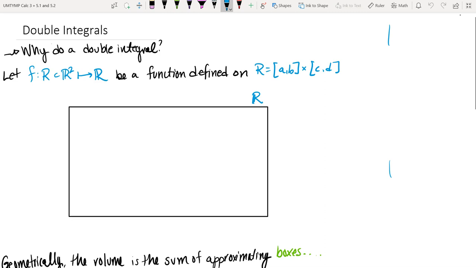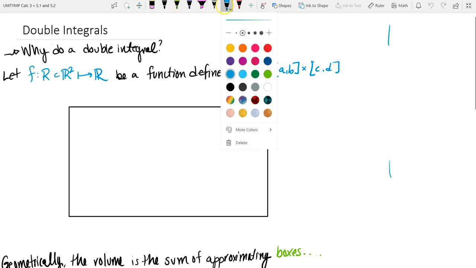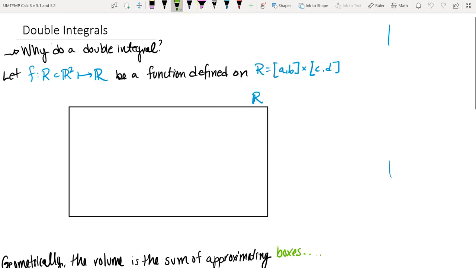So again, we have a function f on a rectangle, from a to b and c to d as our bounds. The idea of Riemann sums we can try to do here.